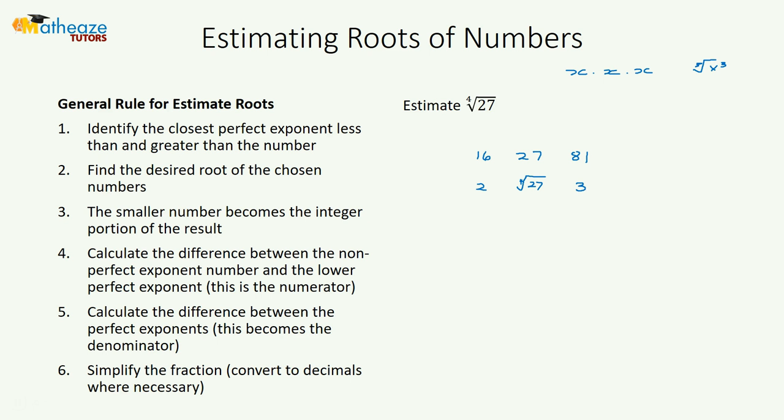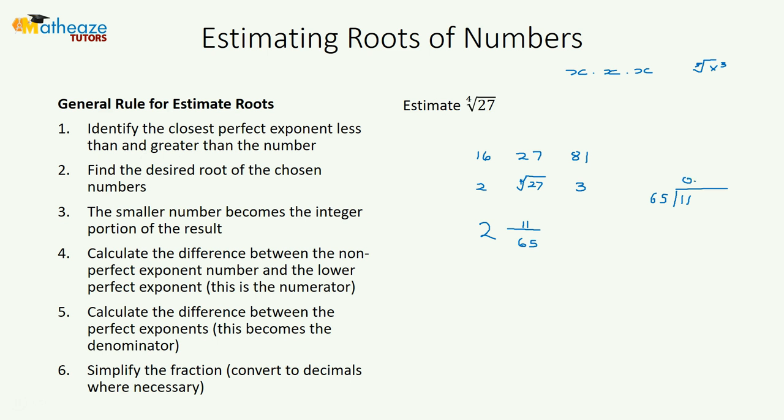Now we're going to have 2 as our whole number, and then a numerator and denominator. 81 minus 16 is 65, and 27 minus 16 is 11. Let's convert this to a decimal.